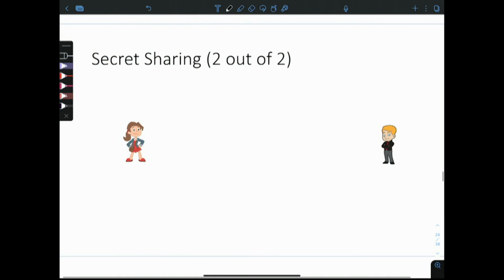To start with, some of you may already know this word. This is secret sharing, and if you don't, don't worry about it.